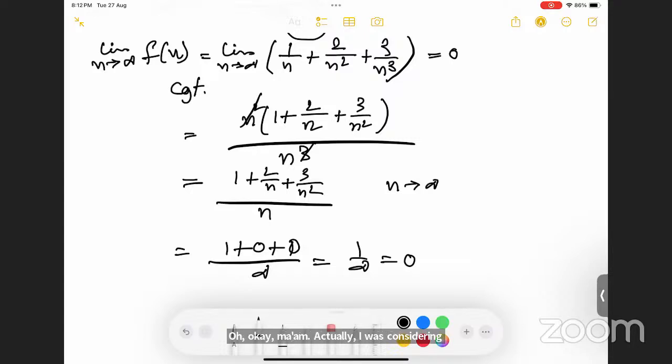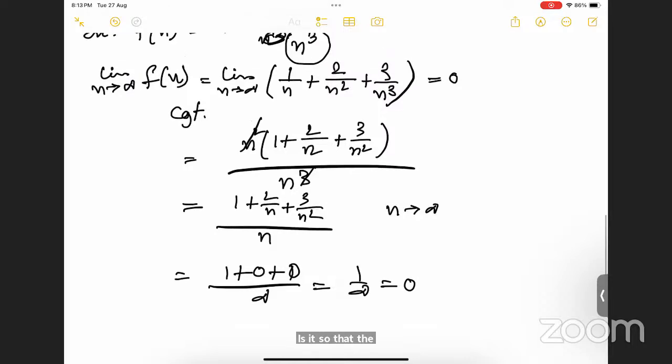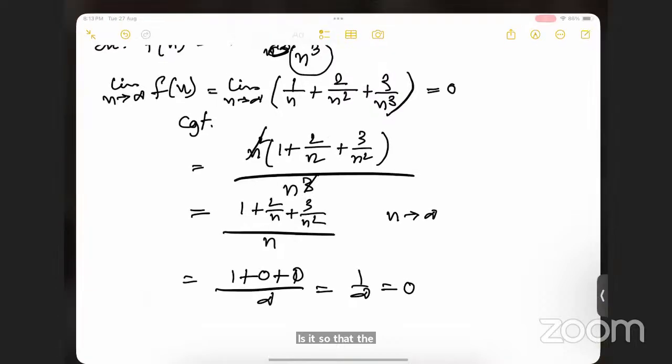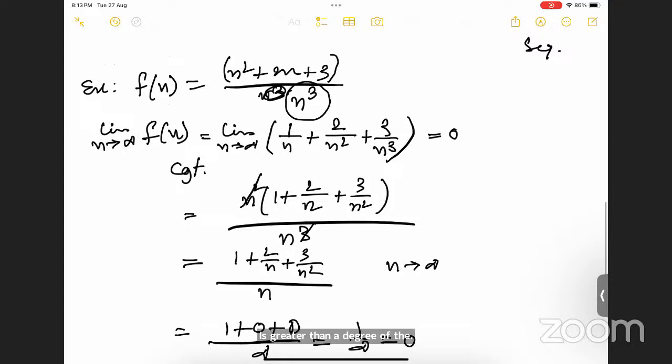Okay, ma'am, got it. Ma'am, is it so that if the degree of the leading term of the numerator is greater than the degree of the leading term of the denominator, then it is convergent? If the degree of the leading term in the numerator is lesser, then the sequence will be convergent.